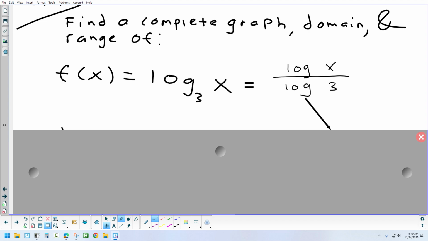Now, another way you could think of that, kind of like if you had a fraction like, let's say you had x divided by 3. If you wanted to write that as multiplication, what's x divided by 3 the same as?